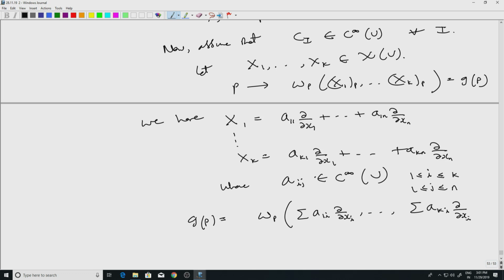Now strictly speaking, I should not use the same index I in the different sums, but just for notational simplicity, let's keep it like this.